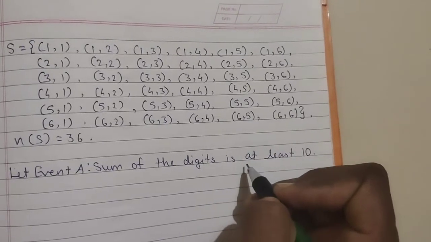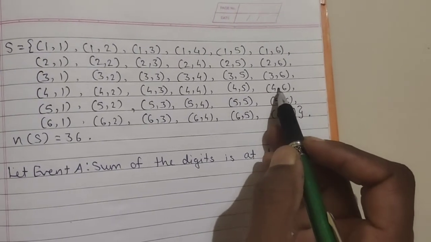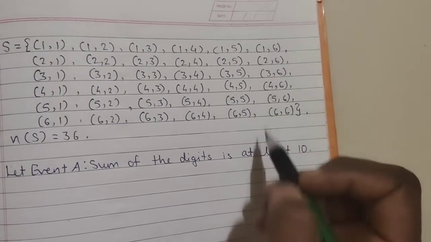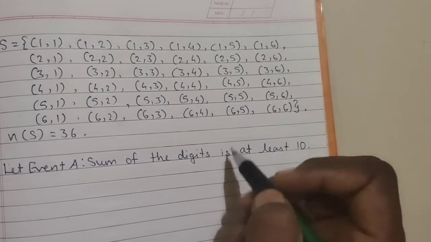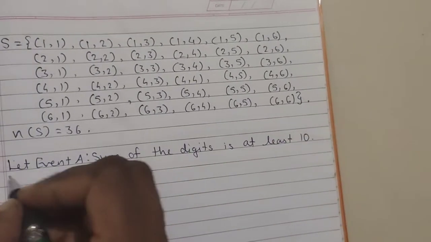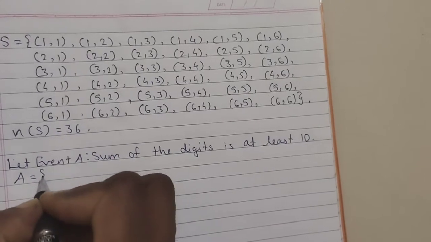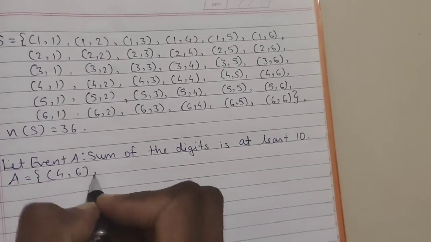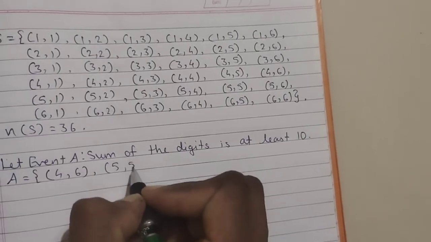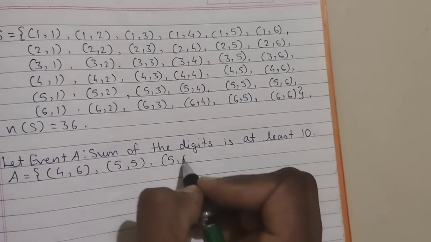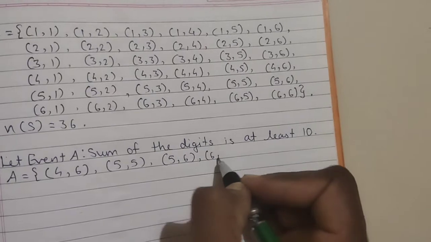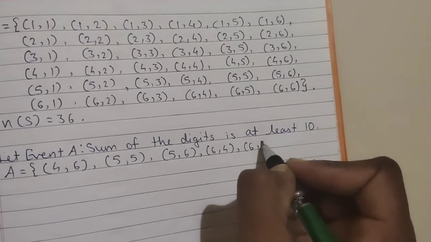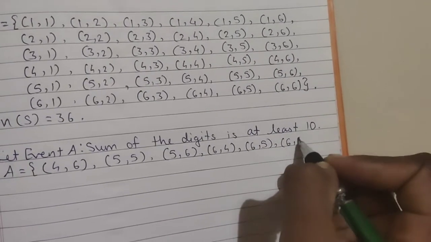We want 10 or more. So the event points are 4 6, 5 5, 5 6, 6 4, 6 5, 6 6.